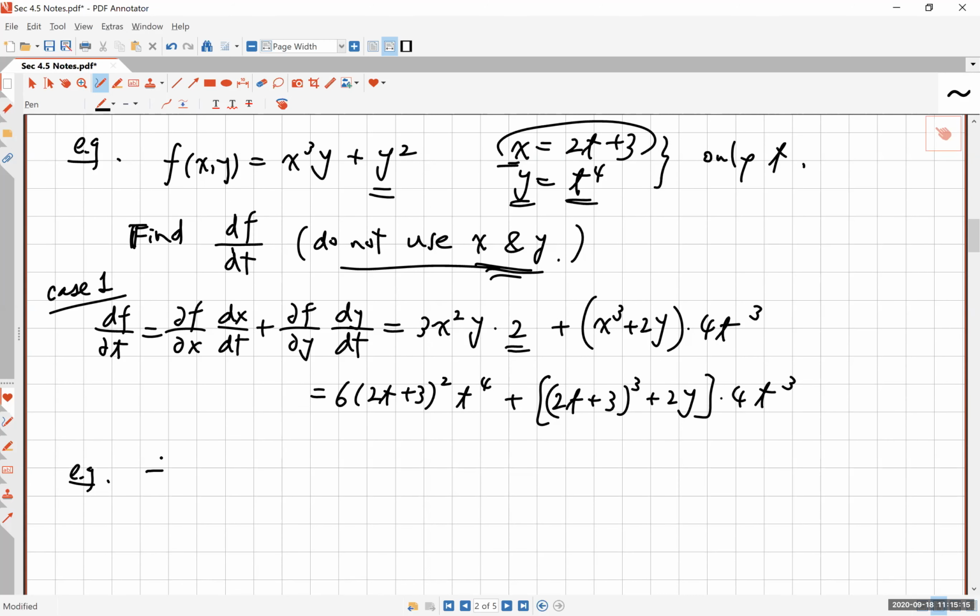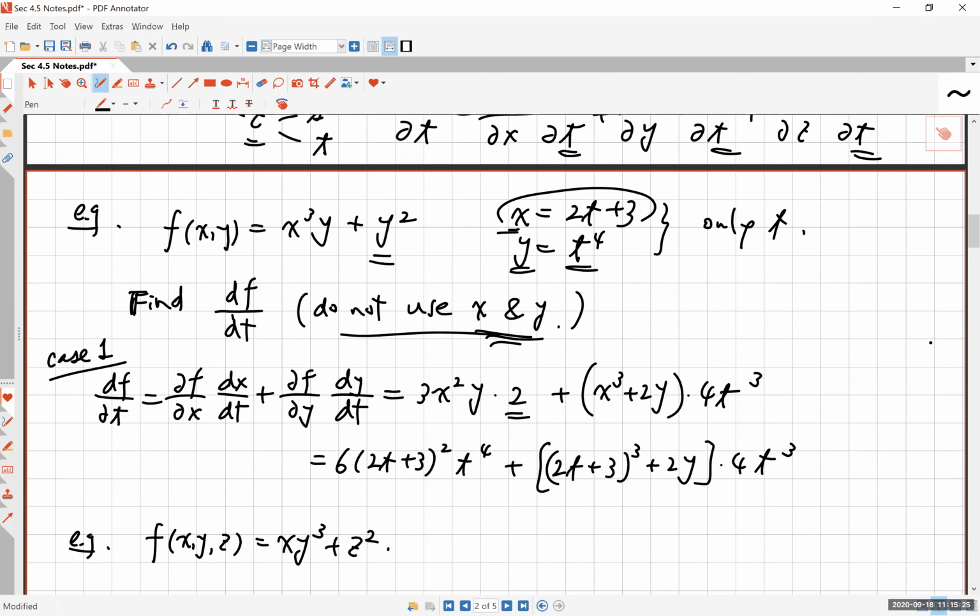Let's use another example here. This time I'm going to give you a function of 3 variables, x, y cubed plus z squared. Oh, by the way, if you plug in 2t plus 3 for x, and t to the fourth for y in this equation, you can write f entirely as a function of t, right?